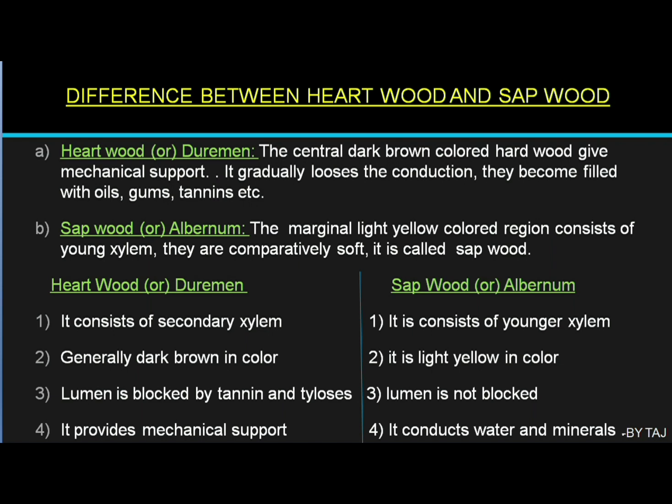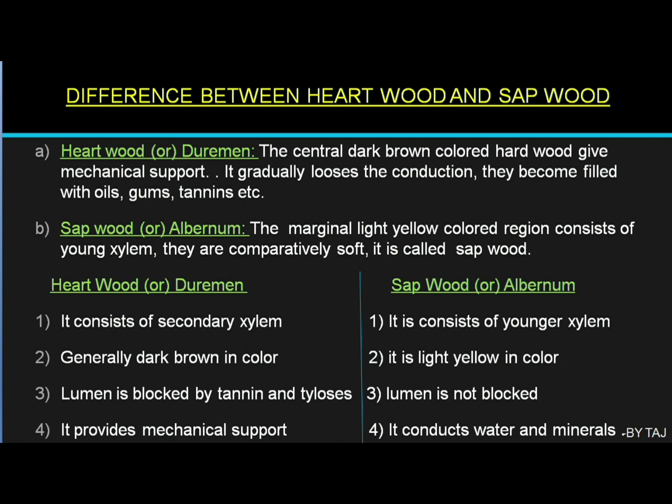This kind of wood we call heartwood or duramen. Coming to the other wood, sapwood or alburnum means the marginal light yellow colored region consisting of young xylem. They are comparatively soft, hence it is called sapwood. Here heartwood and sapwood together form an annular ring.